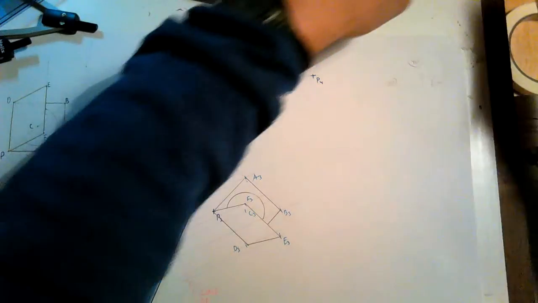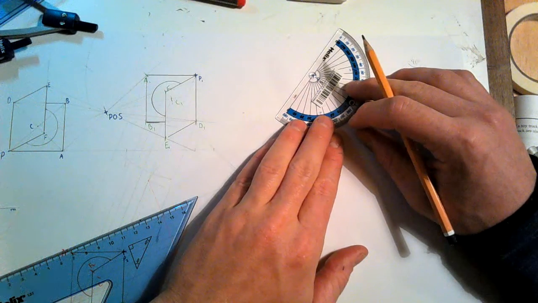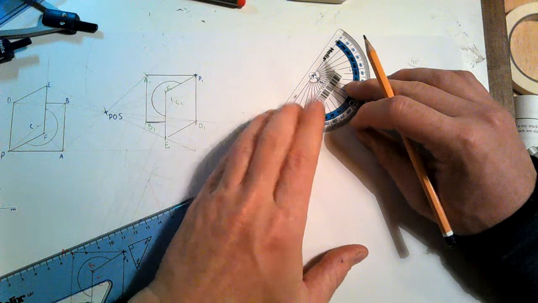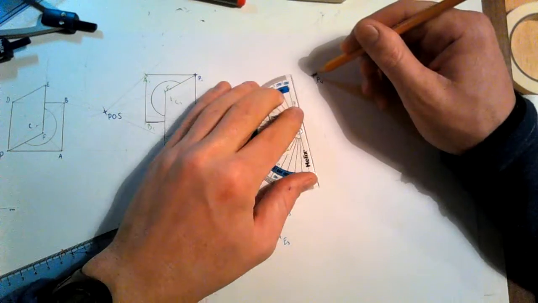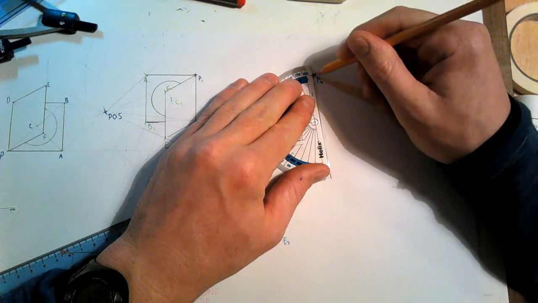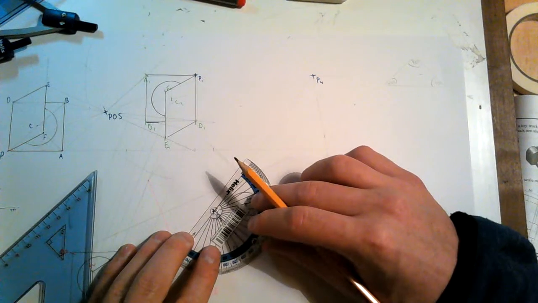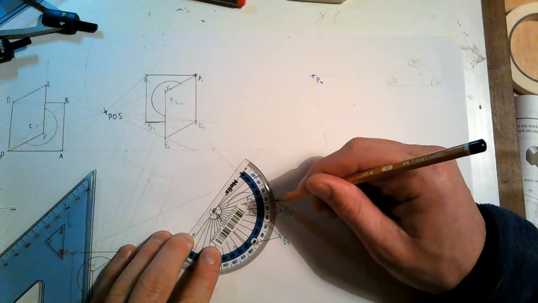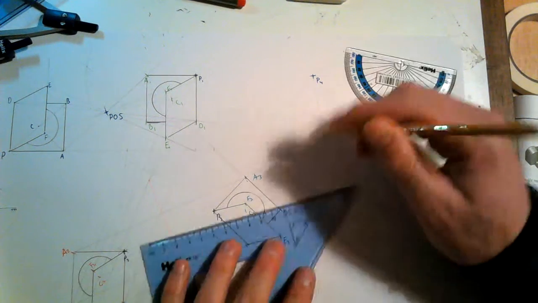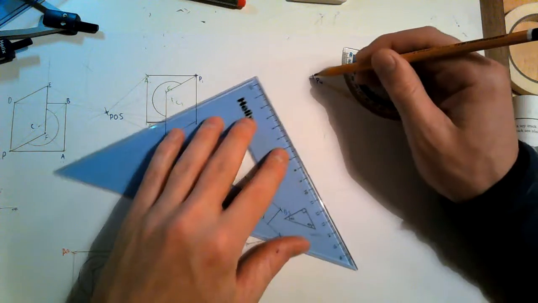Okay, so setting our protractor down. We're coming back 45 degrees. Okay, so on P3, back 45 degrees. Continue this one.